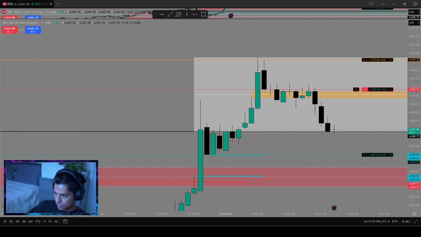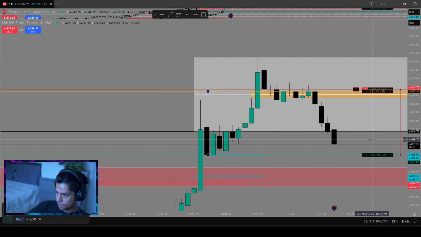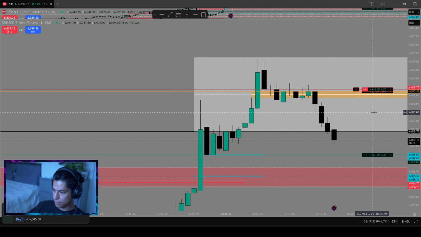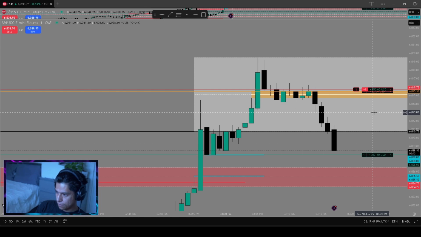So this one can do the same exact thing, or we can just react off of this one, like react higher from here, if it does want to act as support. But from here, we can move our stop loss. I'm gonna put it like right here, just so that even if we do get stopped out, we're still positive on our account. Boom.